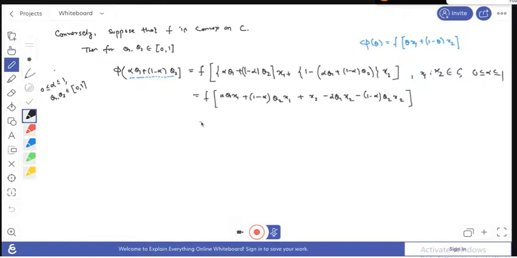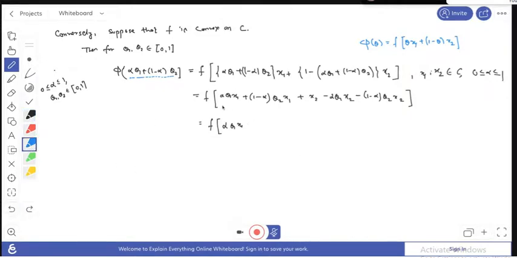Now, if you take f of this, the first term is alpha theta 1 x1, and if we multiply this term, this becomes minus alpha. Okay, so now we recombine these terms.